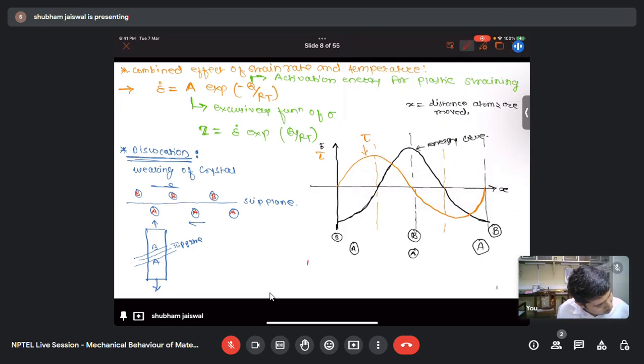So I can write tau is equal to tau max sine 2 pi x by b.